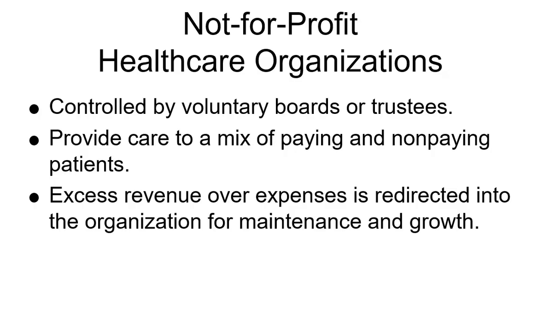Not-for-profit hospital organizations are controlled by a board or trustees, provide care to a mix of paying and non-paying patients, and excess revenue over expenses is redirected into the organization for maintenance and growth.